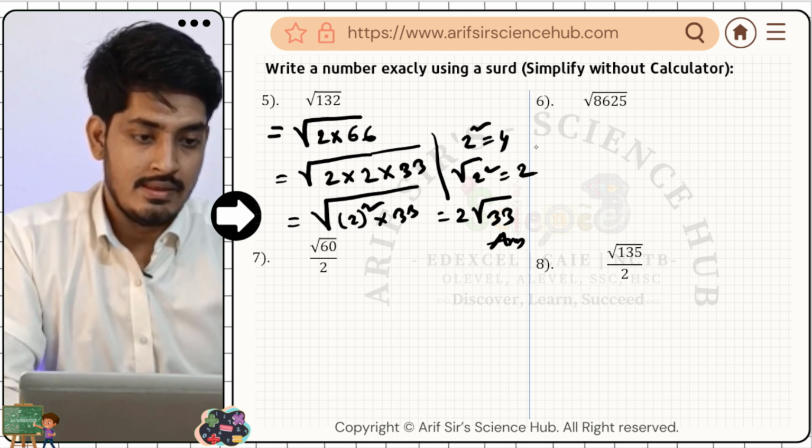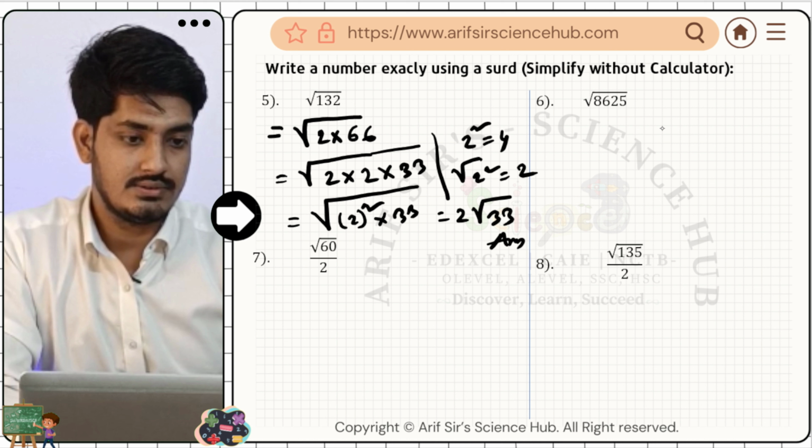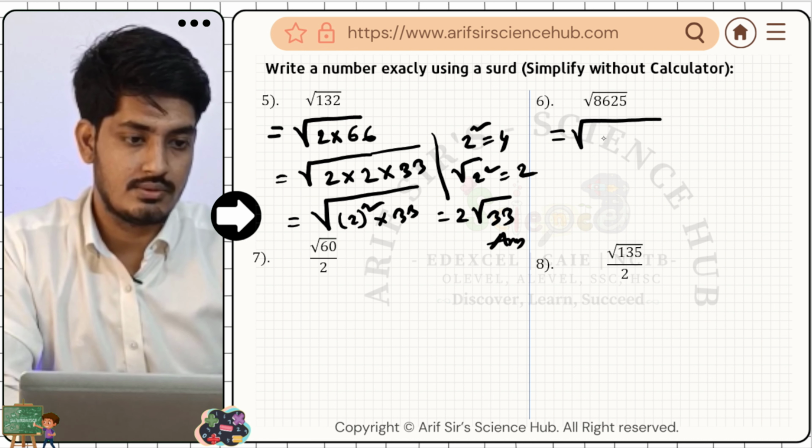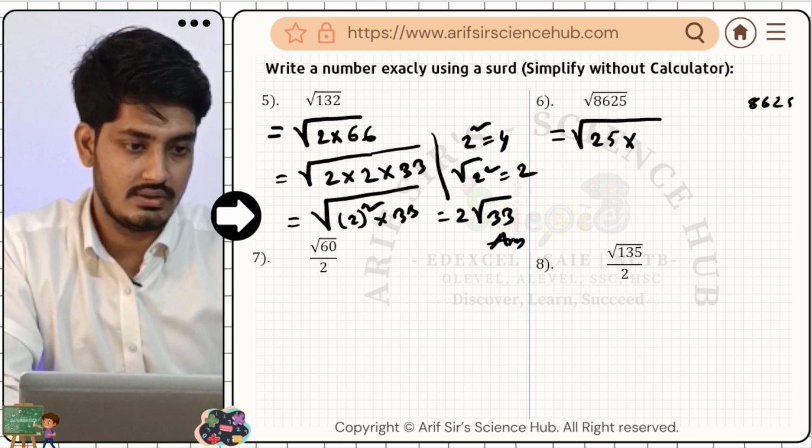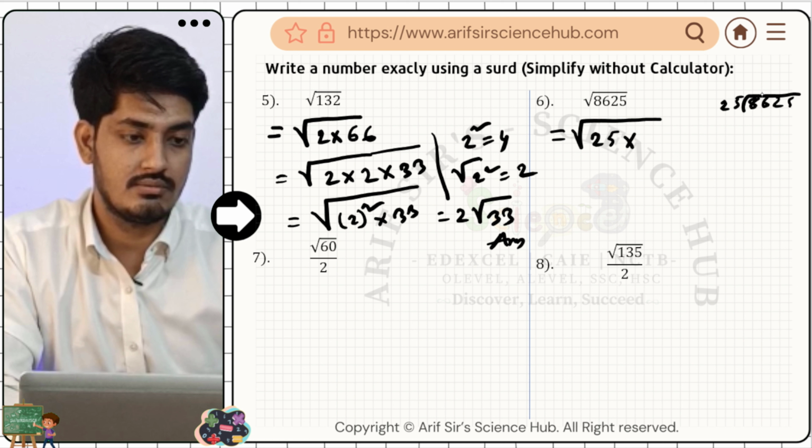Okay, so let's solve these equations. How can we solve this? Easily we can divide this number by 25. Like 8625, if we divide this by 25, what should be the number?